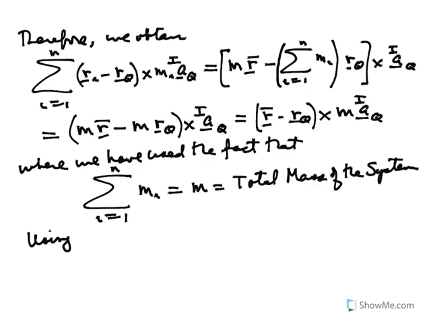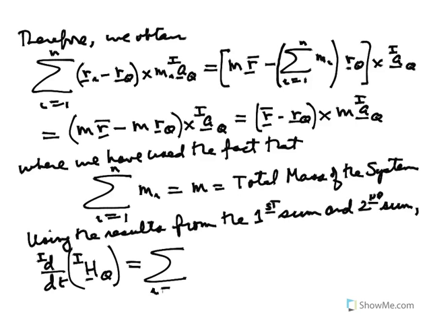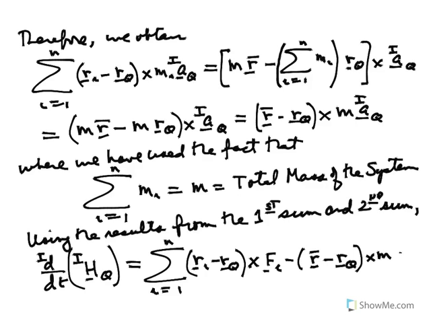Using the results from the first and second sums, we obtain the following result: the rate of change in the inertial frame of the angular momentum relative to Q in the inertial frame is equal to the summation from i equals 1 to n of (Ri minus Rq) crossed with Fi, minus (R bar minus Rq) crossed with M A_Q/I.